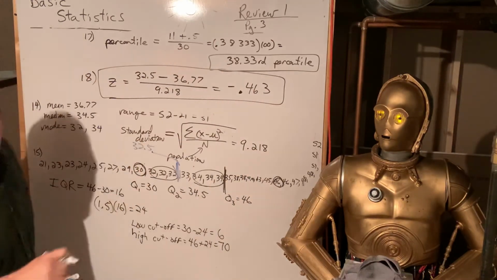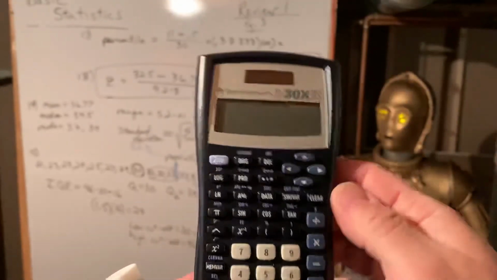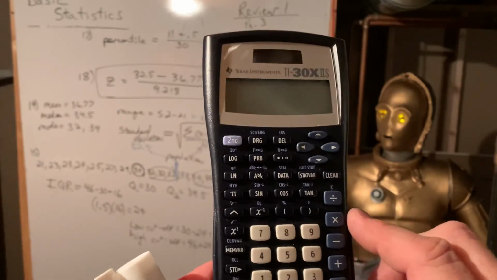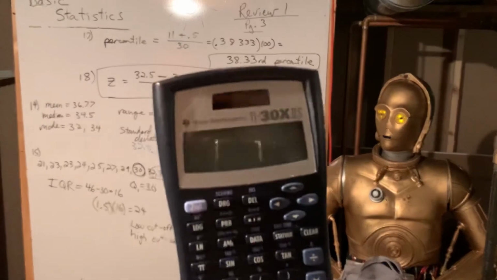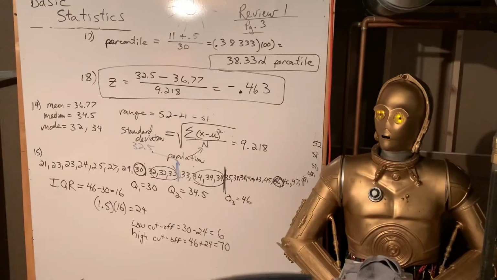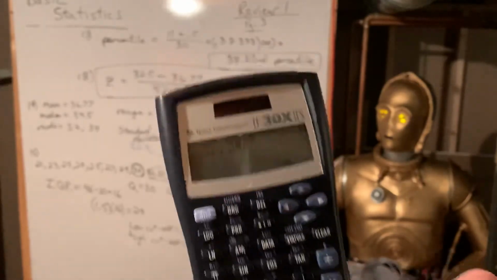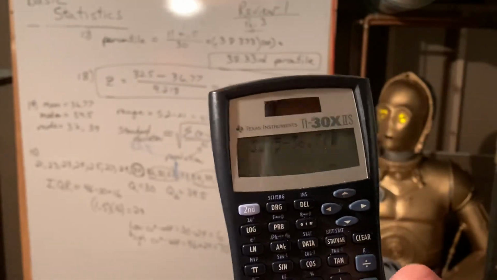Again, when you're doing this on your calculator, before I stop this video, let me show you really quick. Here's a calculator. If I'm going to type in that last calculation, first I have to turn it on and clear it. 32.5 minus 36.77.